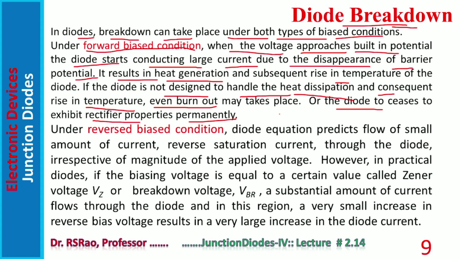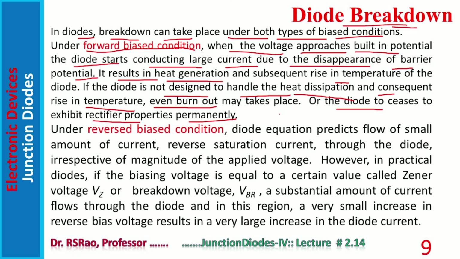Before going further, let us ponder over the meaning of breakdown. What is a breakdown? If the behavior of a device deviates abnormally from its expected behavior, then we say that the device is under breakdown.